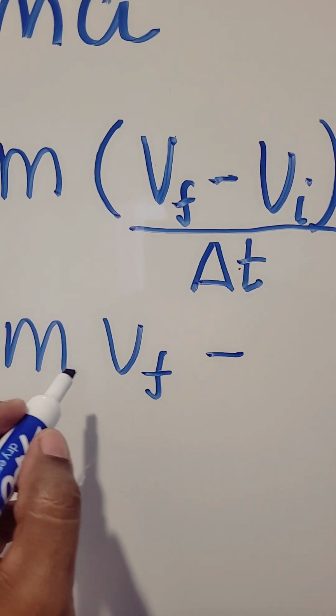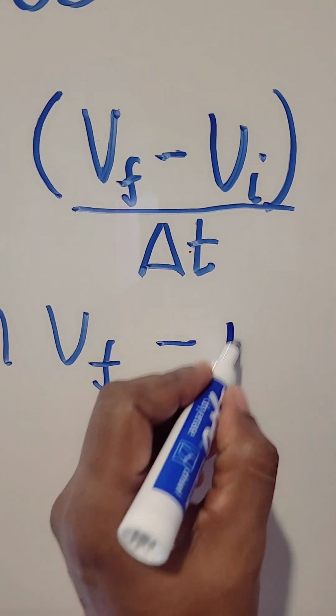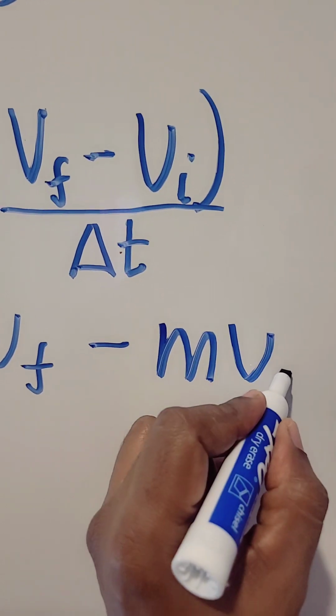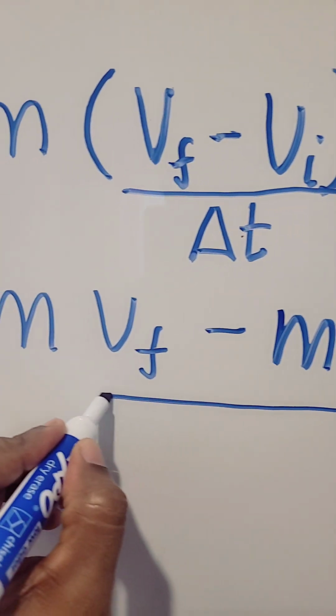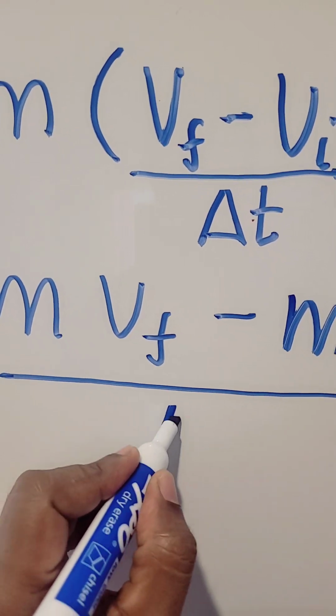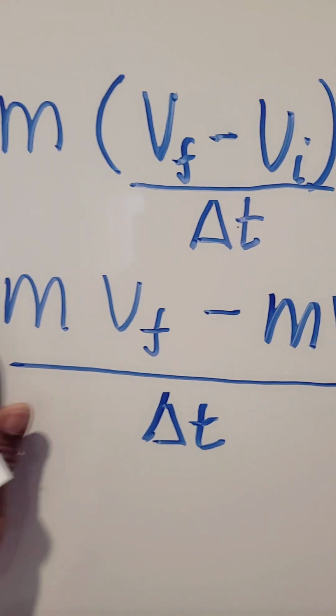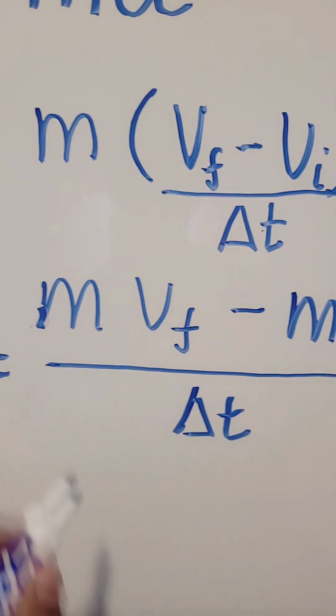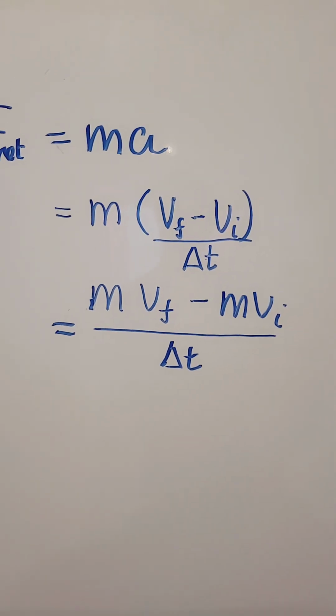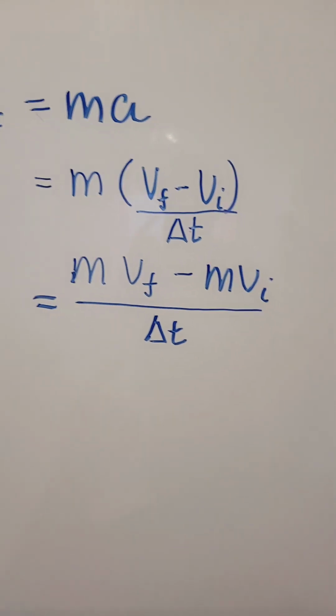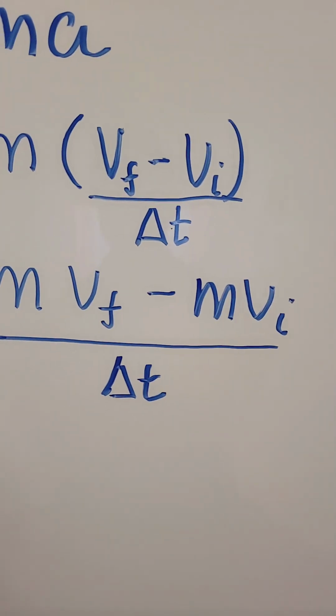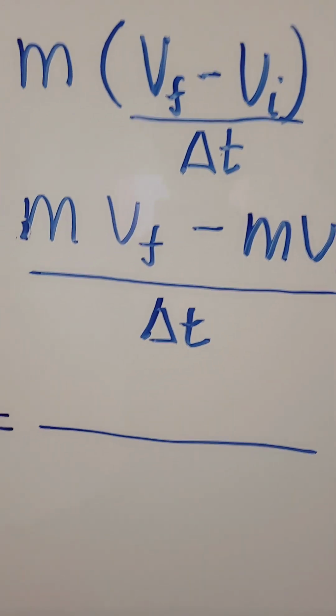M times V final minus M times V initial, divided by delta t. And what is M times V? M times V, that's what we call linear momentum.